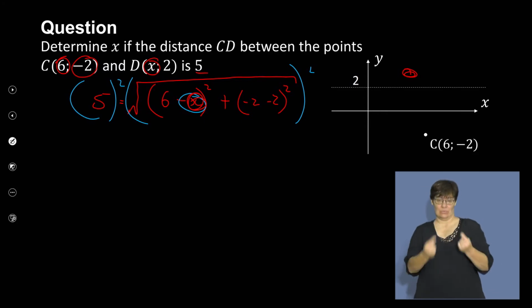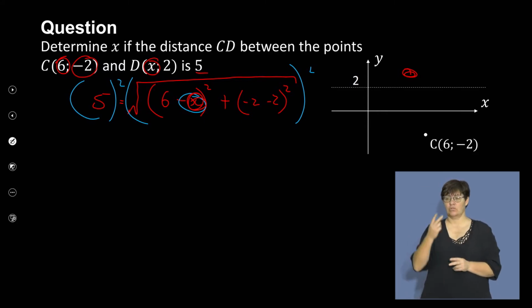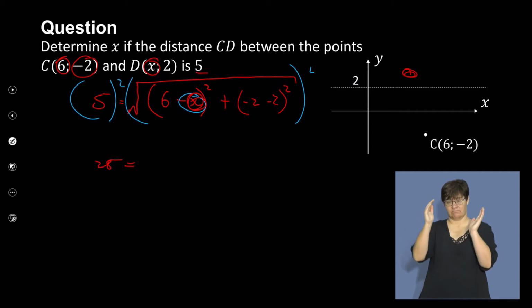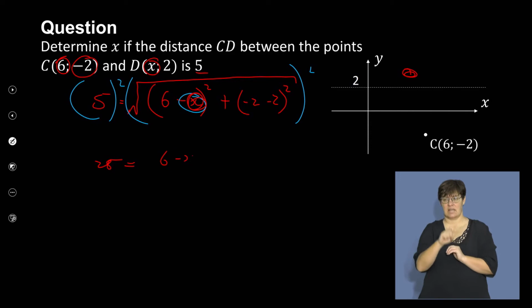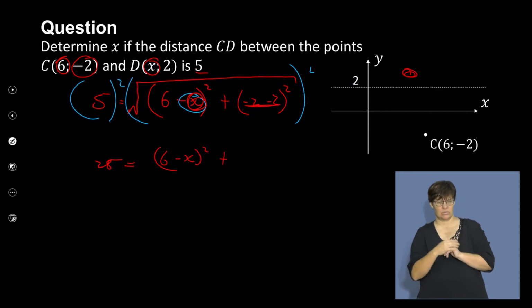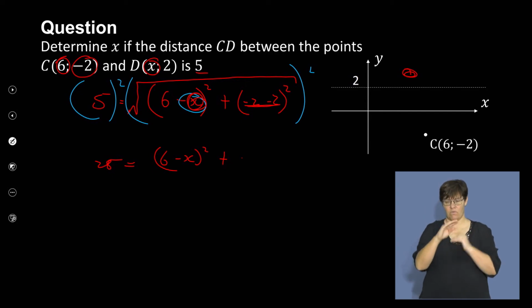So I'm going to square both sides. I'm going to get 5 squared, which is 25. If I square a square root, they undo each other, and so I'm just going to be left with 6 minus x squared plus minus 2 minus 4, squared.